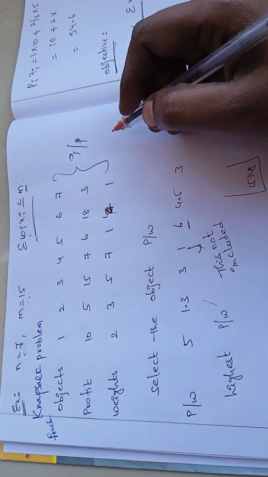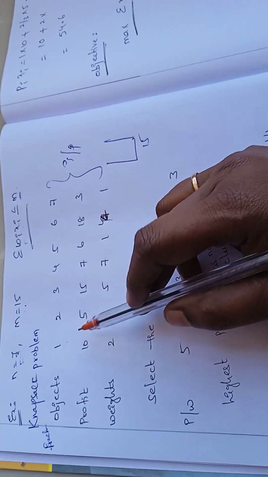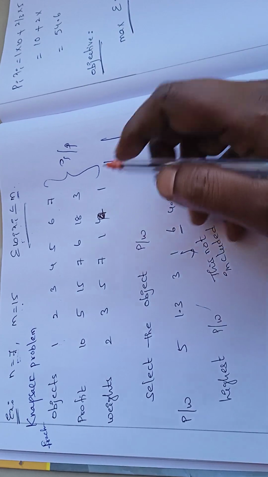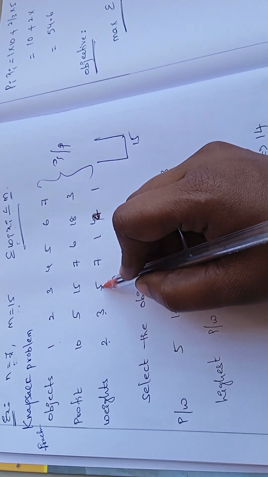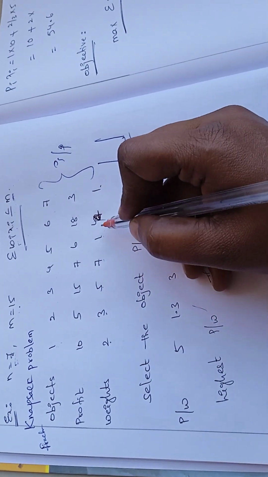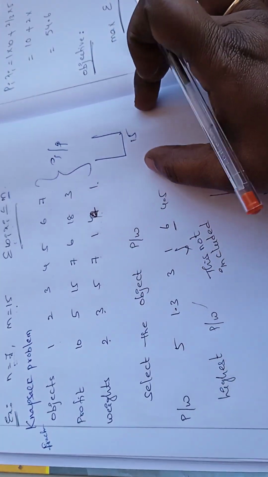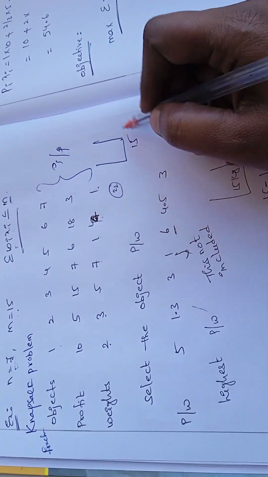Now let's find the solution. The bag capacity is 15. You are given 7 objects. You can't place all these objects into the bag. Why? Because 2 plus 3 is 5, 5 plus 5 is 10, 10 plus 7 is 17, 18, 19, 20, 21, 22. If you put all these objects in the bag, the weight will be 22, which exceeds the bag capacity.